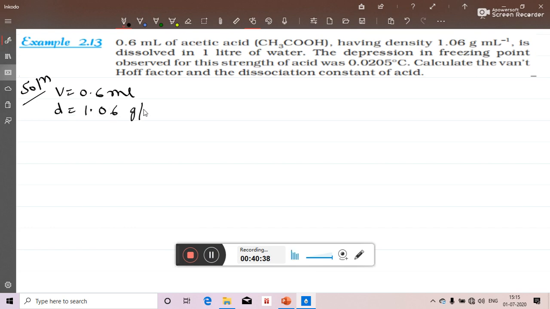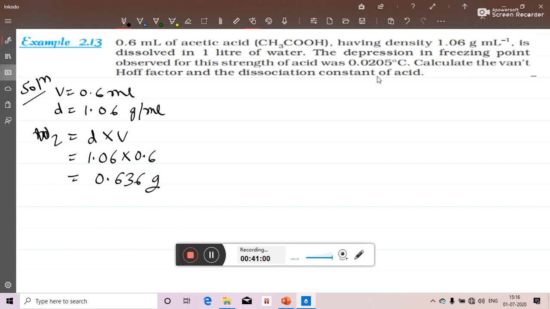So from this we can find out mass of acetic acid, that is W2. So W2 is equal to density into volume. So density is 1.06, volume of acetic acid is 0.6. So from this, mass of acetic acid is 0.636 gram, dissolved in 1 liter of water. So mass of water is 1000 gram.